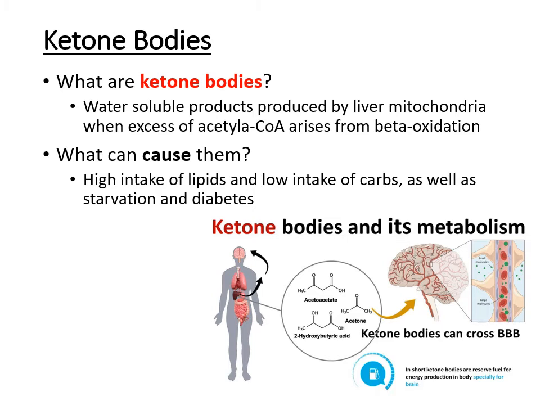So it's kind of the equivalent of having low carb intake, and so the body then wants to use lipids or fats instead as their energy source. So basically, anytime you have a lot of lipid oxidation going on, you'll accumulate ketone bodies.